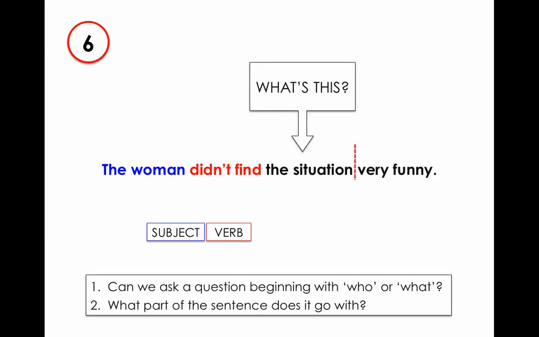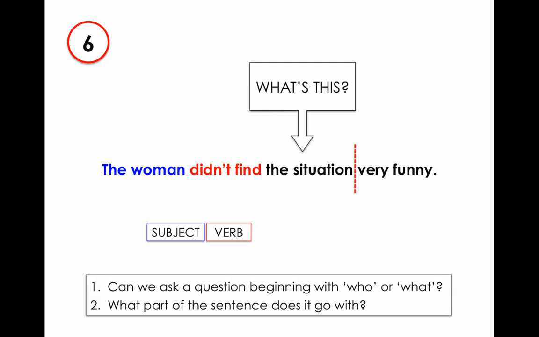Now, the sentence may sound a bit odd as an answer to that question, and perhaps I'm contradicting myself a little bit here, because earlier I was saying that if the answer to the question sounds a bit strange, we should go on to number 2.